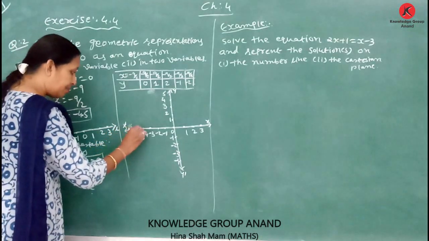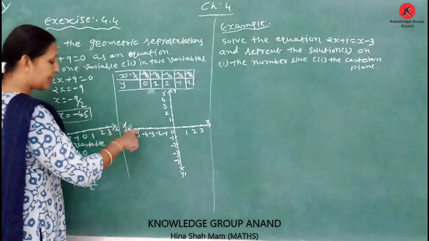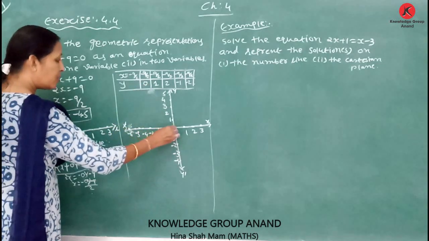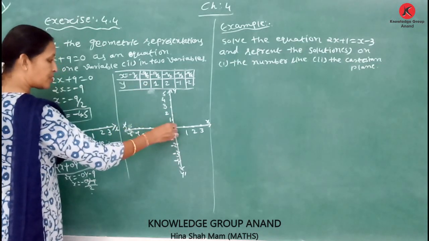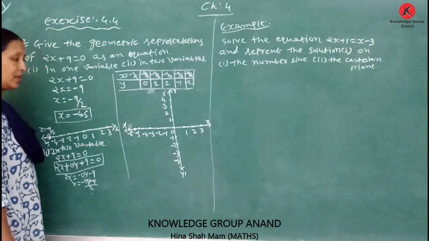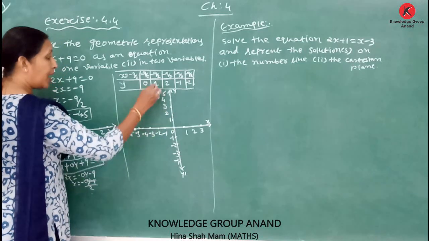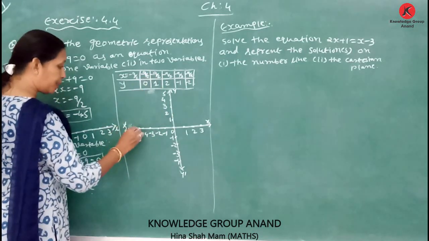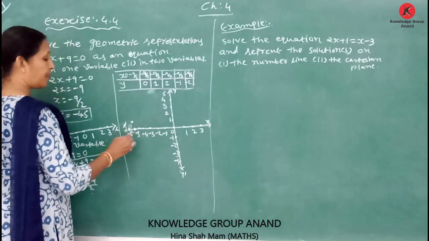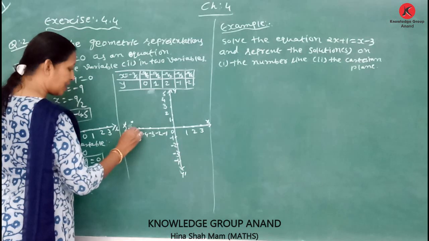Here, in the middle box, you take the middle line, then minus 4.5. First point: y equals 0 and x equals minus 4.5, it is here. Then y equals 1 and x equals minus 4.5, minus 9 by 2, is here.